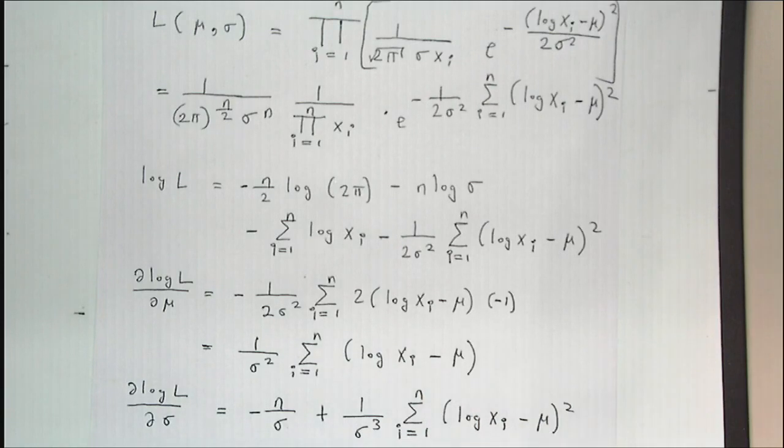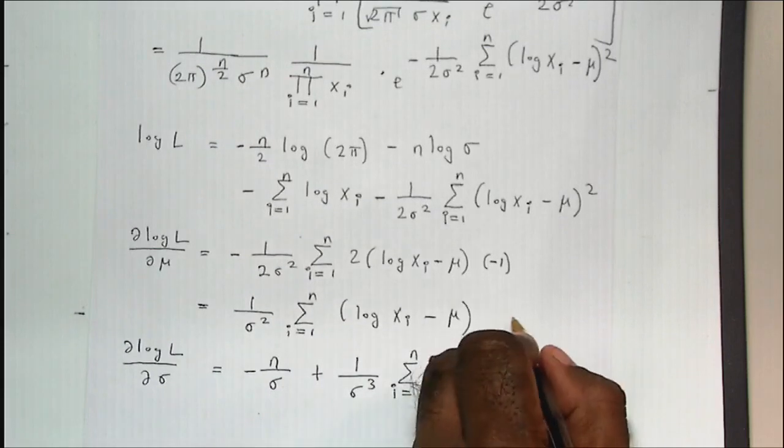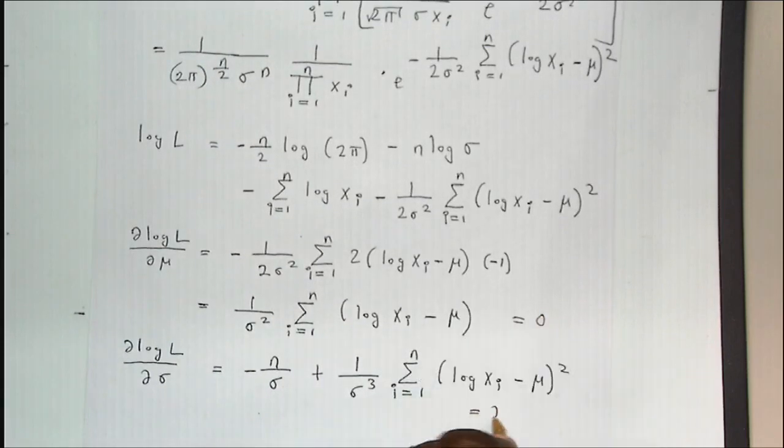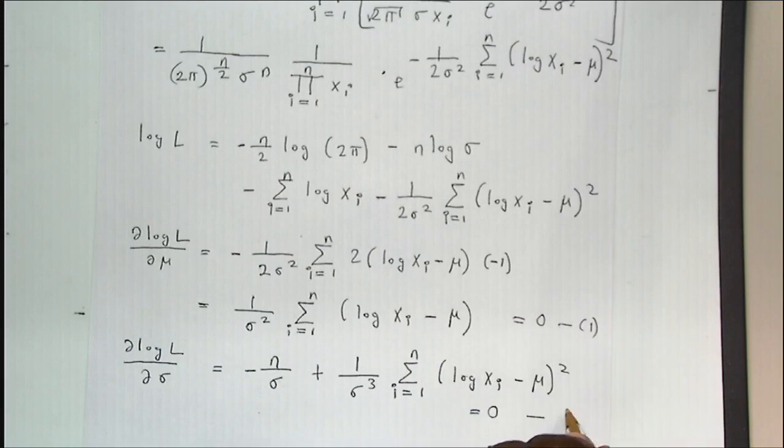So this is the partial derivative with respect to sigma. So set this to 0, set this to 0, call this equation 1, call this equation 2.